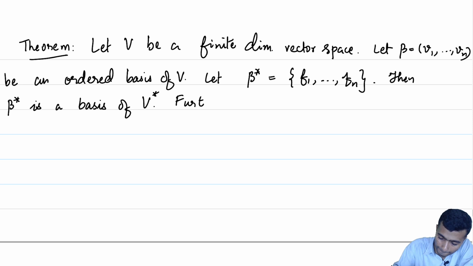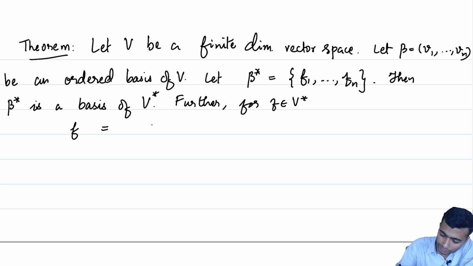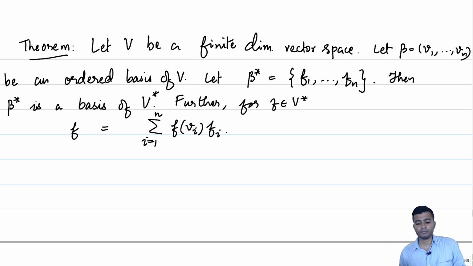Further, for F in V star, F is equal to summation i equal to 1 to n F of Vi times Fi. Okay, let us prove this theorem.